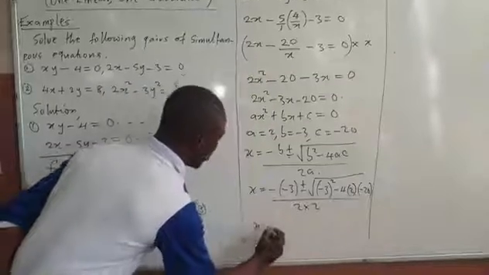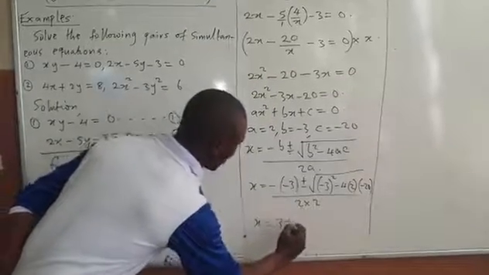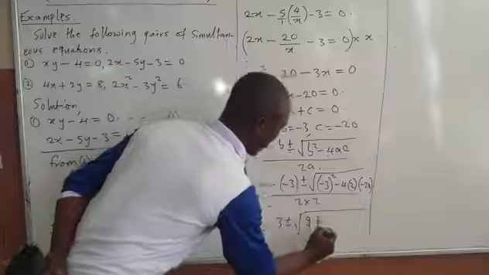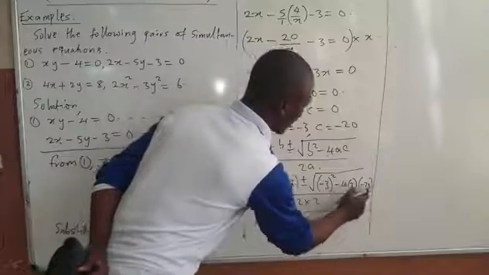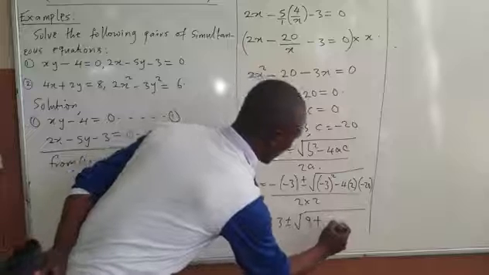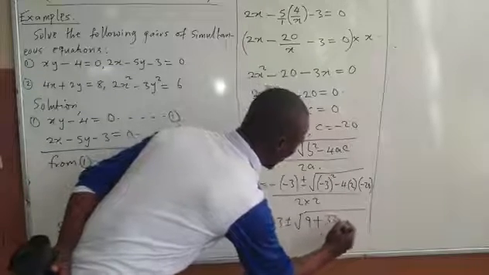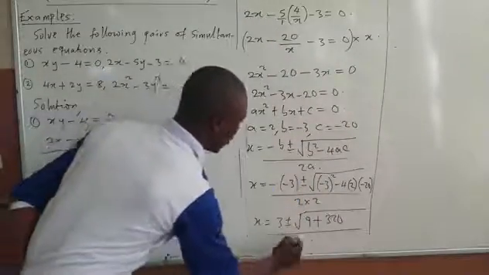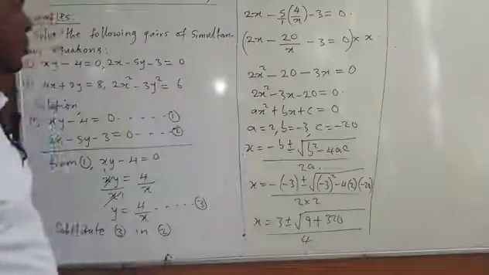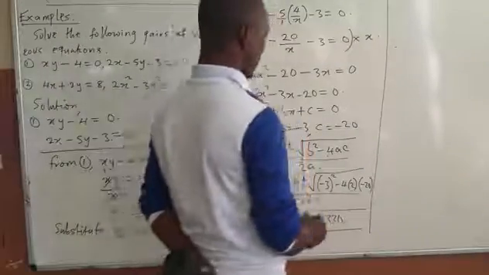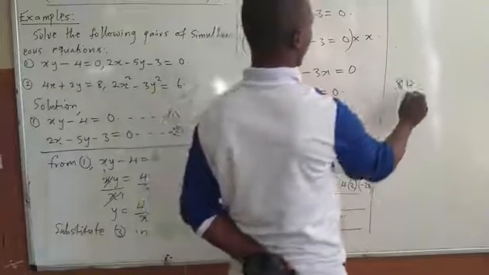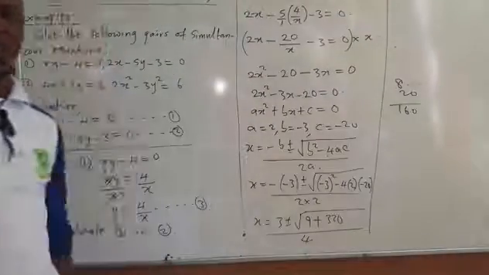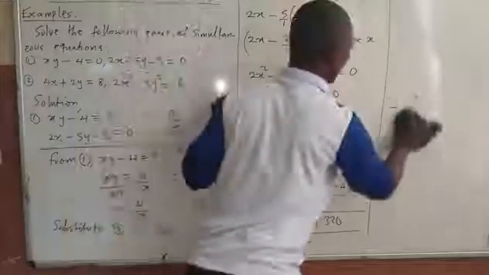Which is equal to, minus times minus is plus, 3 plus or minus square root of minus 3 squared, that's 9, minus times minus is plus 4 times 2, 8 times 20, that is 160.